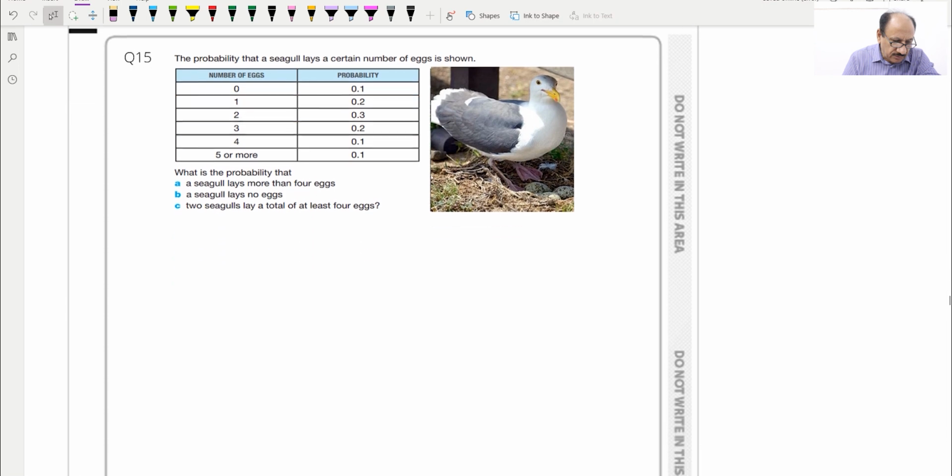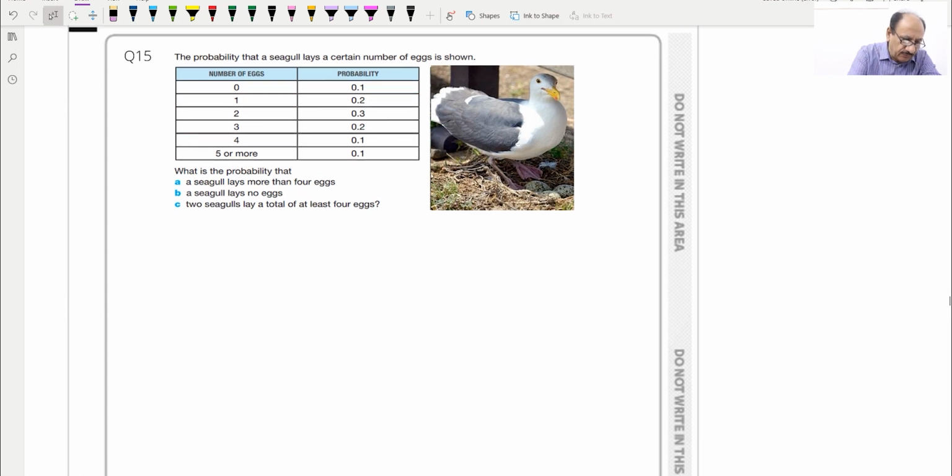Now question number 15, and question number 15 says the probability that a seagull lays a certain number of eggs is shown in the table. Number of eggs 0, 1, 2, 3, 4, and 5 or more is also shown, and these are the probabilities.